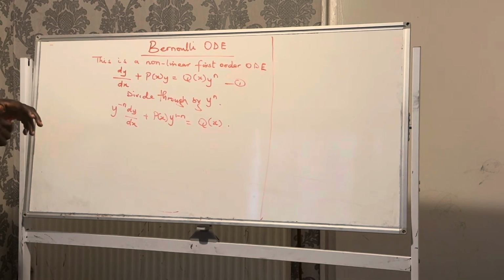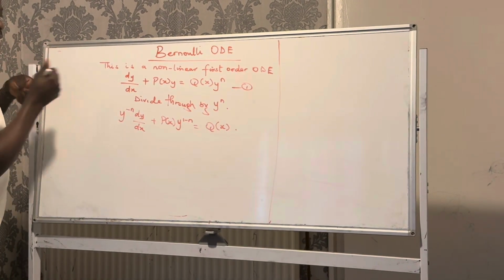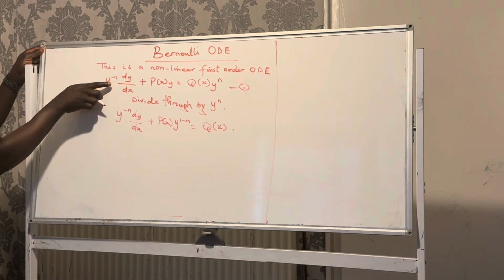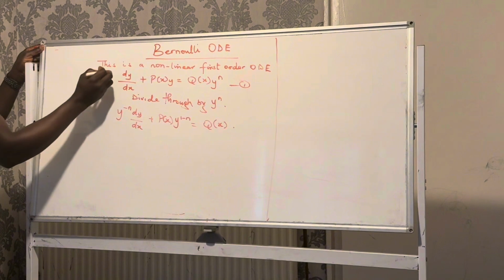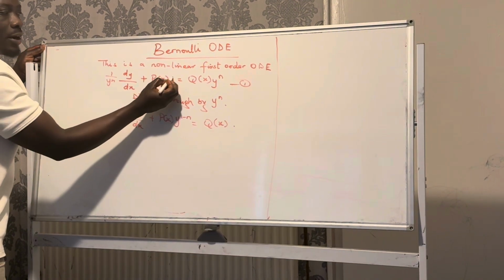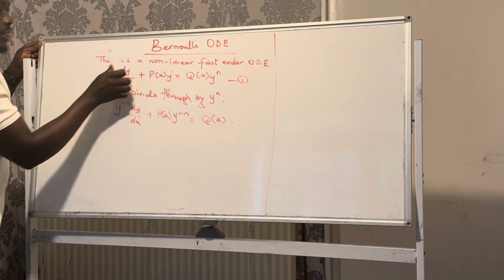I hope you understand what I did here. I divided through by y to the power n. So dividing by y to the power n, we have y raised to power minus n, because y raised to power minus n is the same thing as 1 over y^n. And in this case, we have y raised to power 1, so it will be 1 minus n.